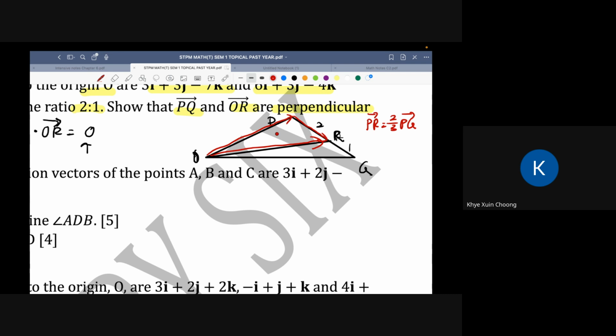So if you don't know the ratio theorem, it is still doable. OR will be equal to OP plus PR. If you manage to find PQ first, then PR should be 2 over 3 PQ. You add it up, you can still find your OR.